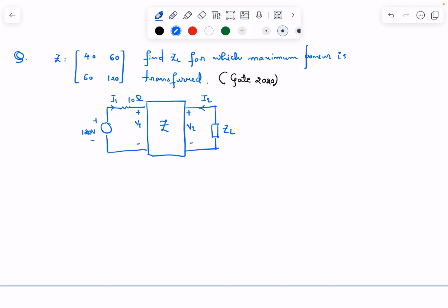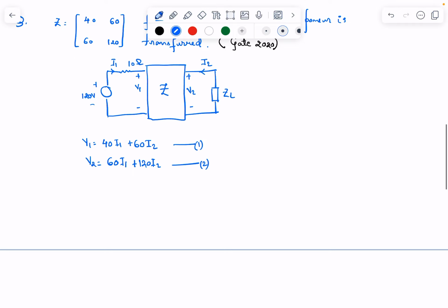So here the voltage equation will be V1 is equal to 40 I1 plus 60 I2 from the Z matrix that is given. Let this be equation 1. Similarly, V2 is equal to 60 I1 plus 120 I2. Let this be equation number 2.